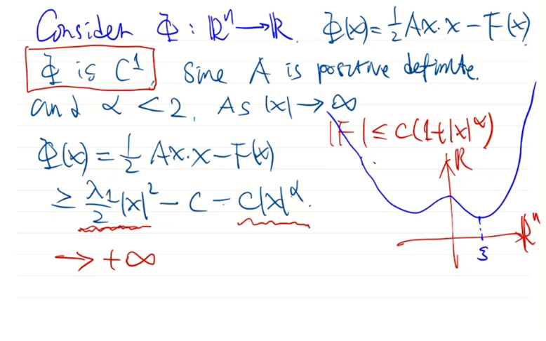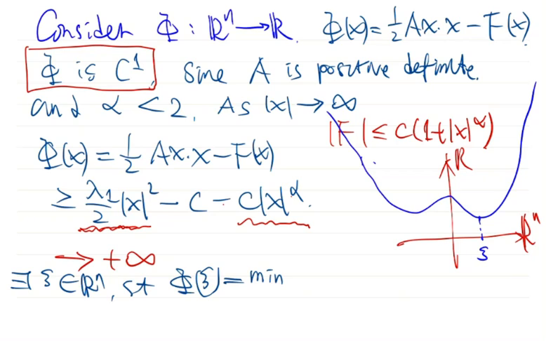So there exists a point x_c in R^n such that Phi(x_c) is the minimum in R^n. This is true intuitively, but you need to prove this rigorously. You cannot depend on this graphical intuition.